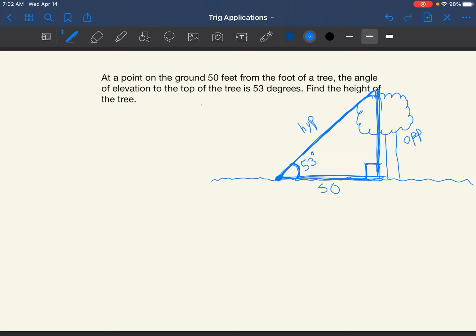So it's this side right here we haven't labeled. Always leave it to last because people have a hard time finding it. Opposite is just straight across from the angle you're working from. Hypotenuse, straight across from the right angle. Adjacent's what's left. Then what you want to do is write SOHCAHTOA.